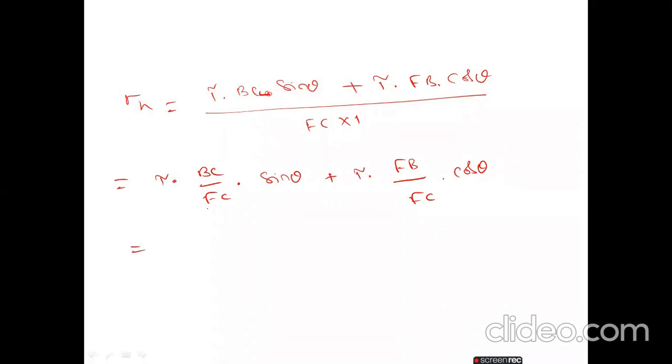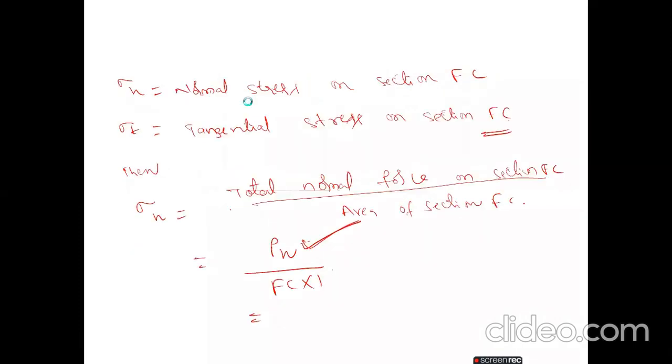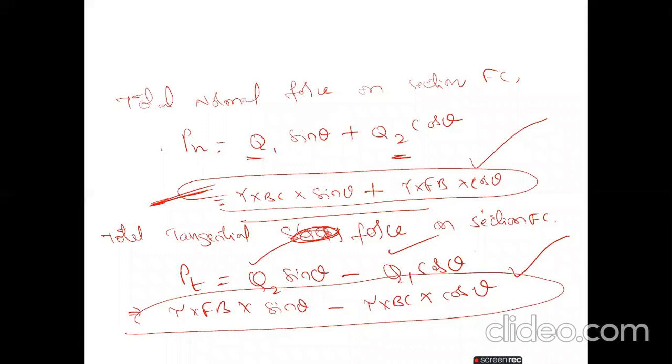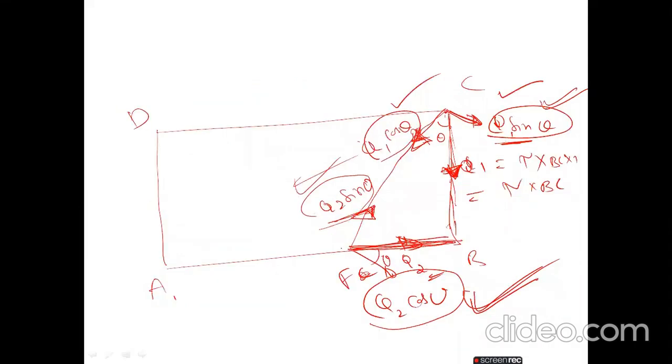Okay. So now BC by FC is nothing but what is that? If you consider the triangle FBC, BC is adjacent and FC is the hypotenuse, then cos theta equals BC by FC.